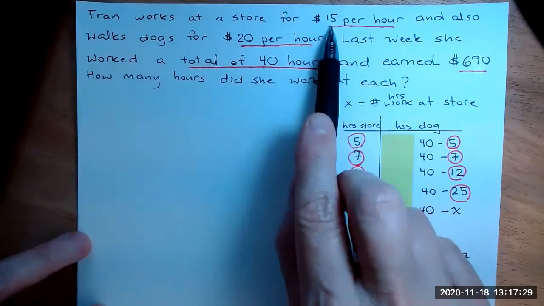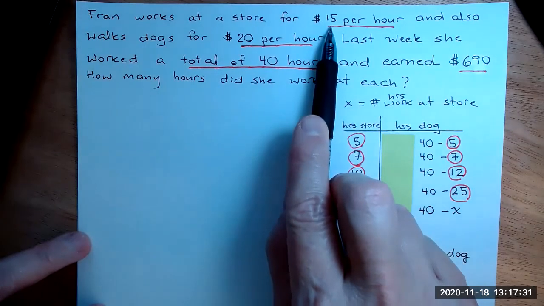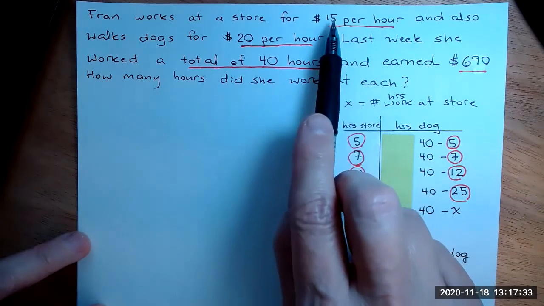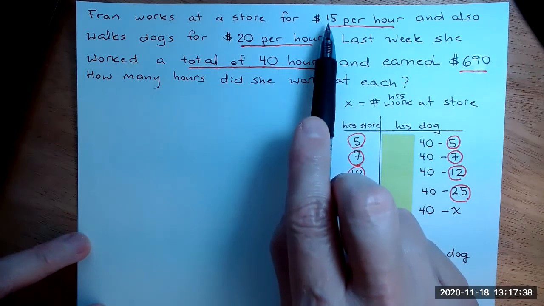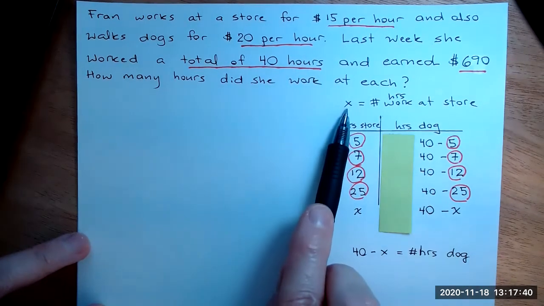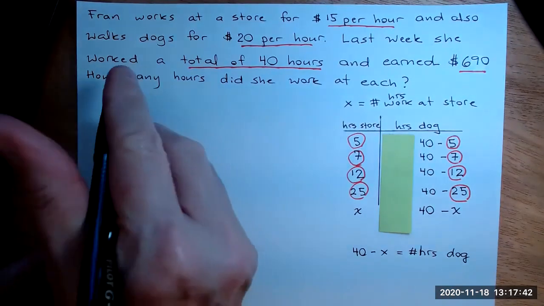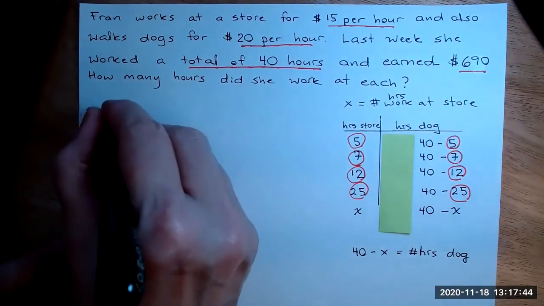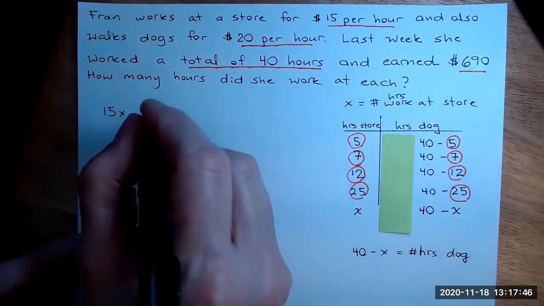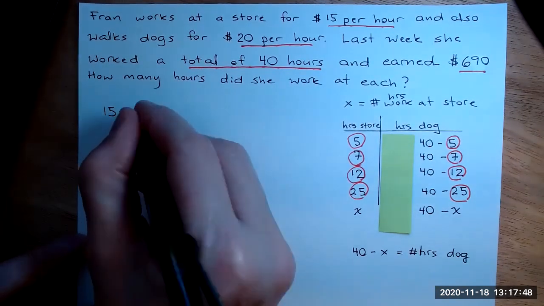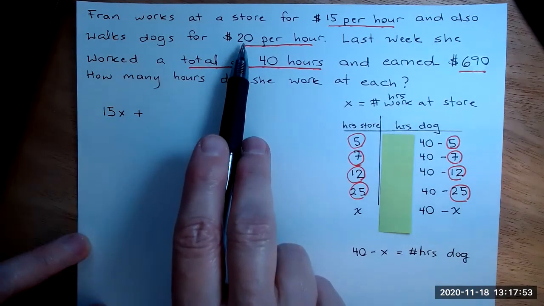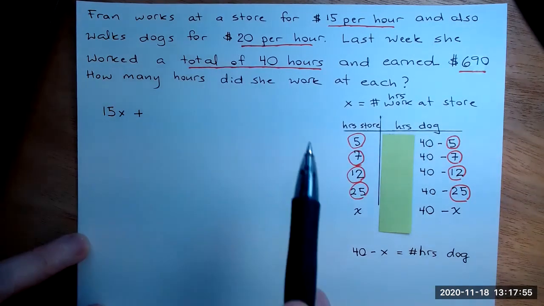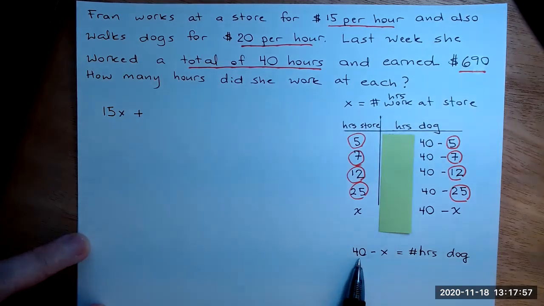So at the store, she made $15 per hour. So to find the total amount of money she made at the store, that'd be 15 times the number of hours. And then to find the amount of money she made walking dogs, it would be 20 times the number of hours walking the dog.